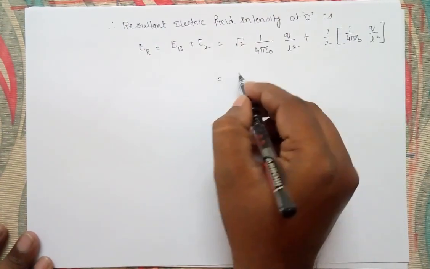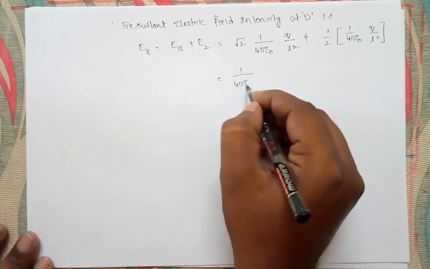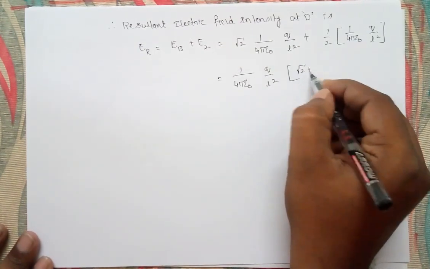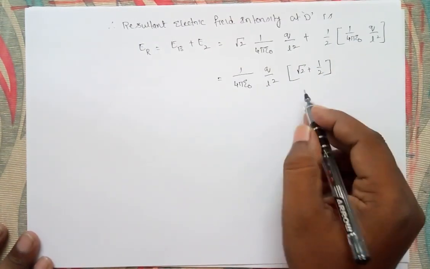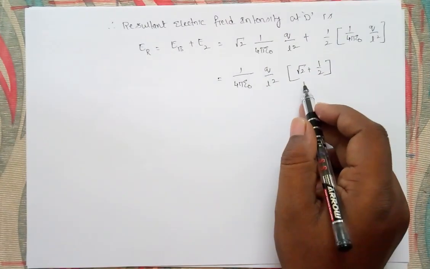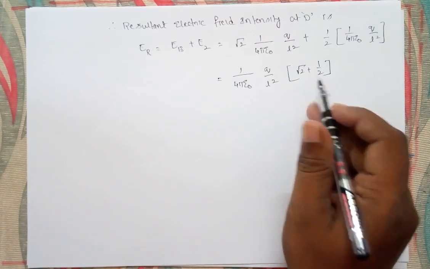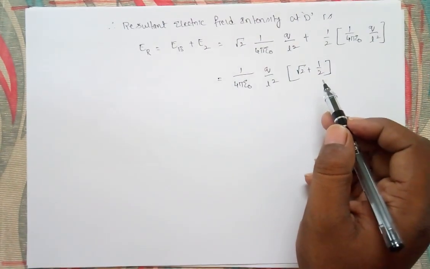So we get the result 1 upon 4 pi epsilon naught Q by L square into root 2 plus 1 by 2. This is the resultant electric field intensity at any one of the corners due to the equal charges present at three corners of a square.